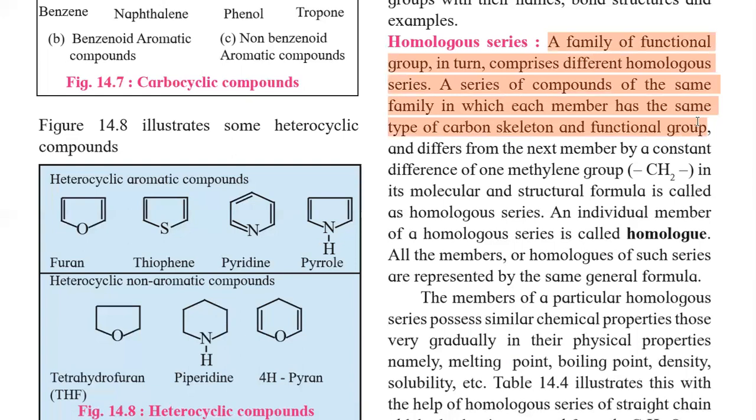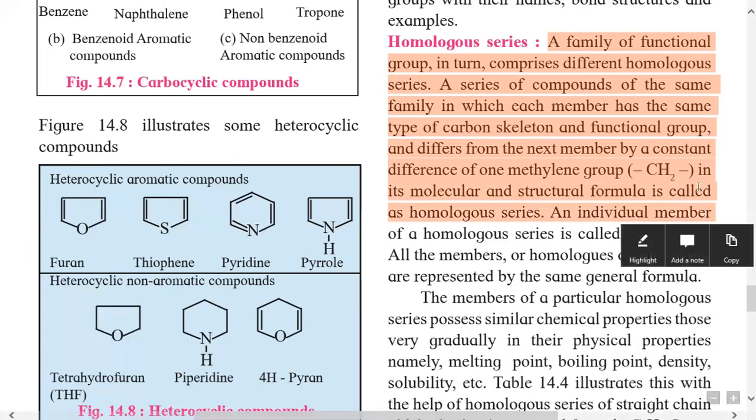The only difference is that each successive member differs from its adjacent member by a methylene group, that is, a CH2 group. So this type of series is called a homologous series.